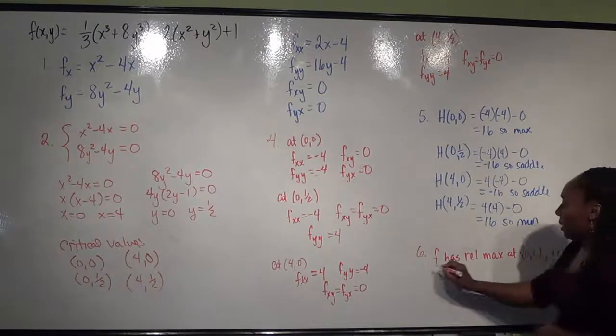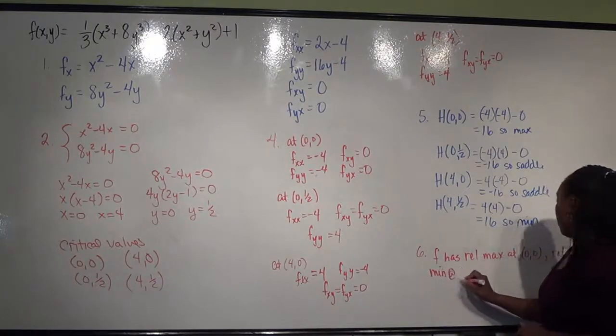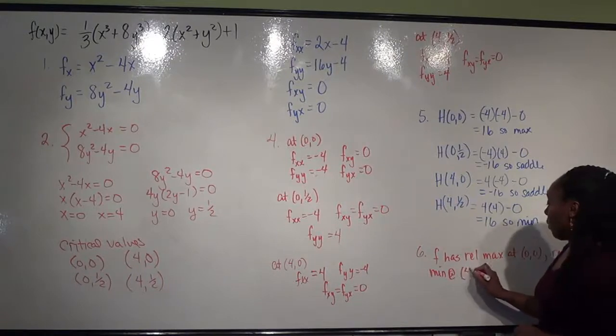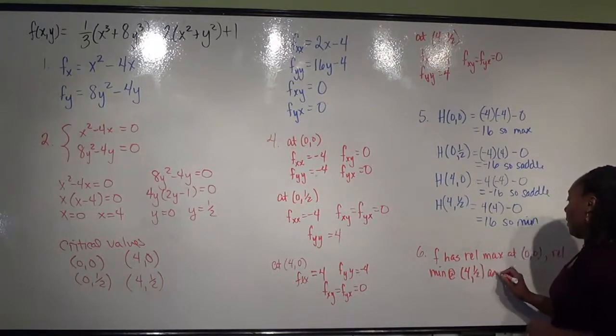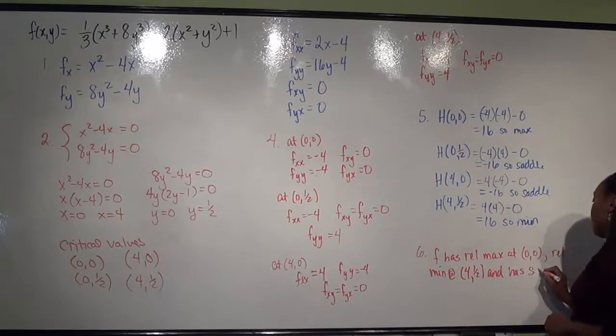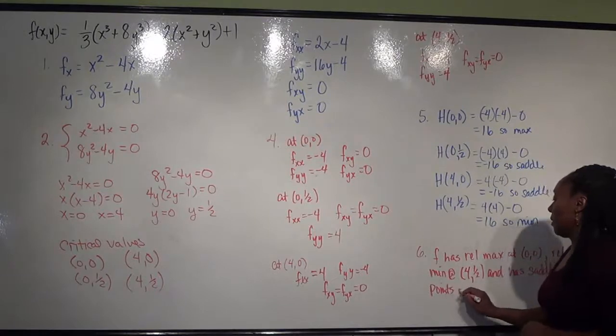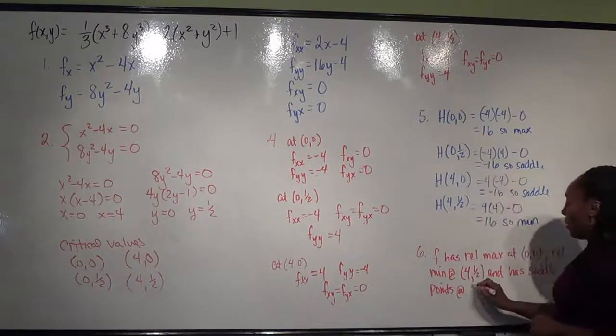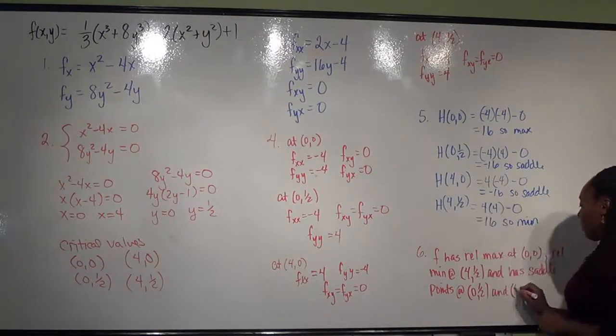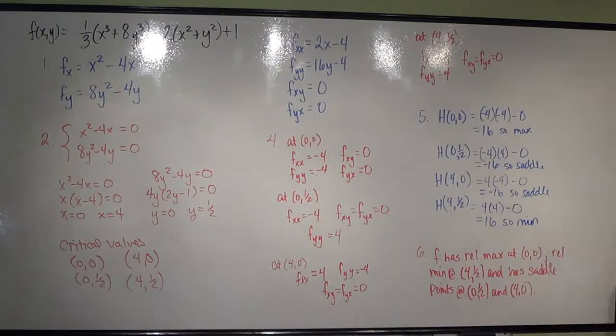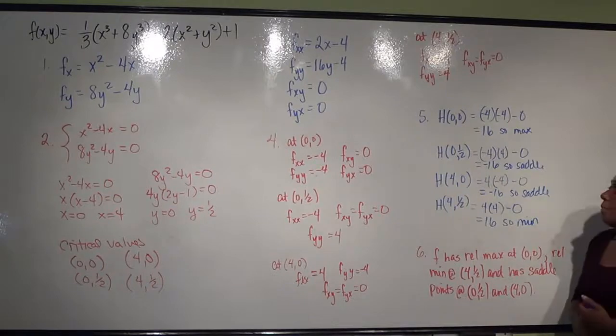It's got a relative min at 4, 1/2, and has saddle points at 0, 1/2 and 4, 0. All right, so there is our last example of our second derivative test for multivariable functions.